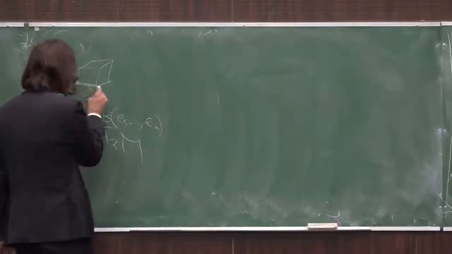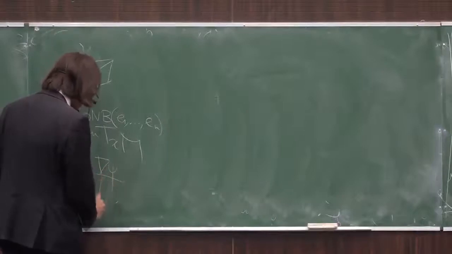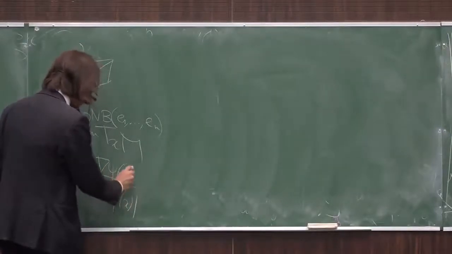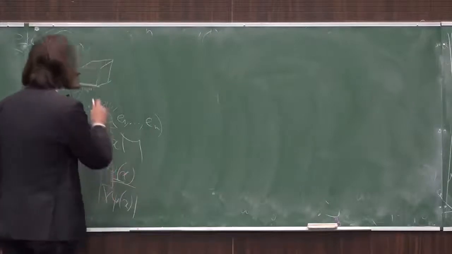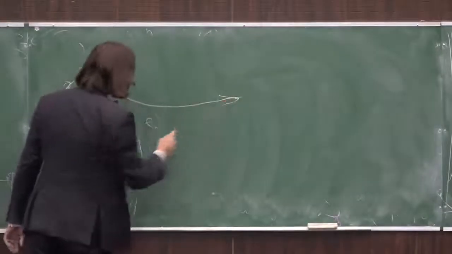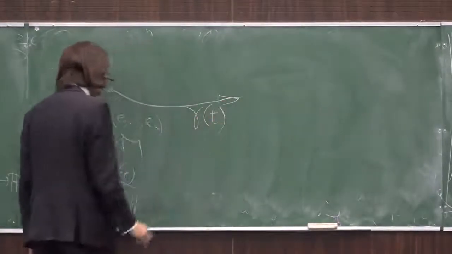And I take E1 to be the direction of grad psi, so normalized. And this gives me a certain geodesic, say gamma of t.